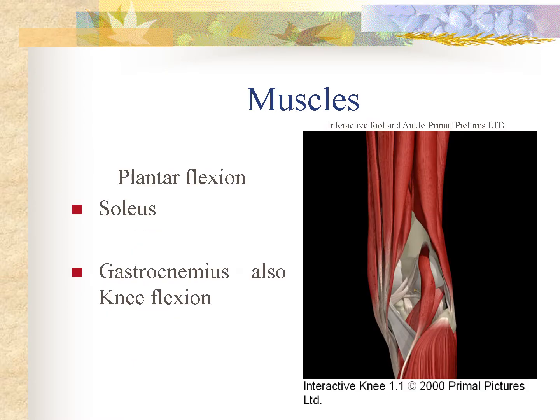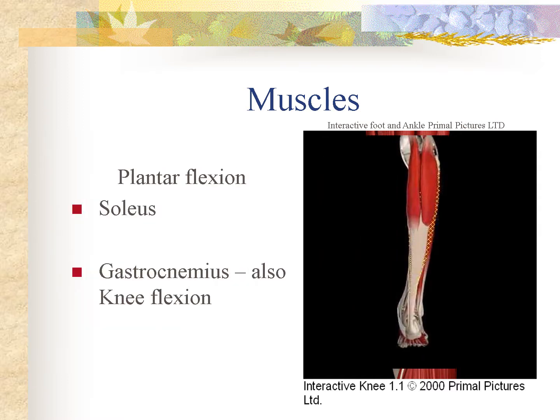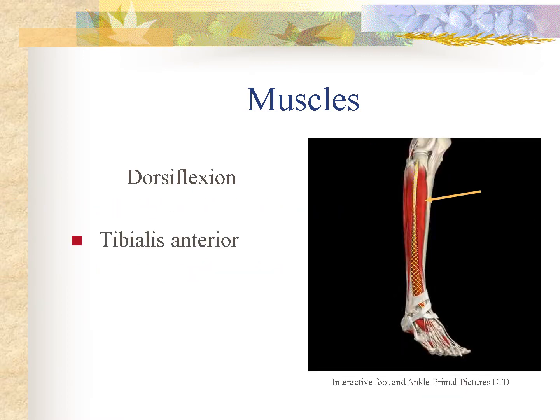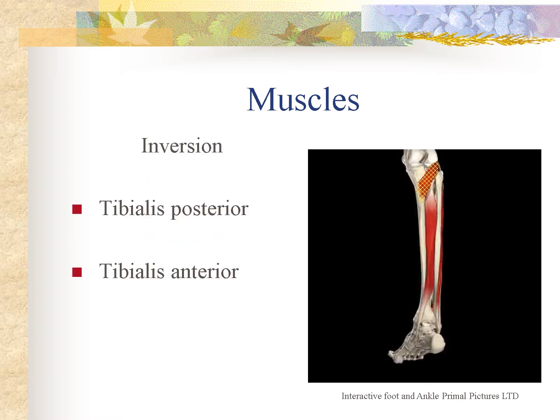Muscles of the ankle. For plantar flexion is the soleus and the gastroc. We already know about the gastroc because it also creates knee flexion. It was one of those two joint muscles. The soleus is just a plantar flexor. There's the gastroc, or soleus, and then the gastroc. For dorsiflexion, we use the tibialis anterior.